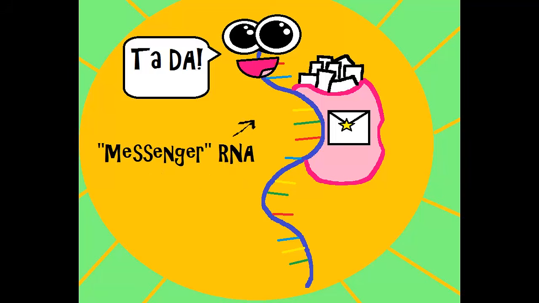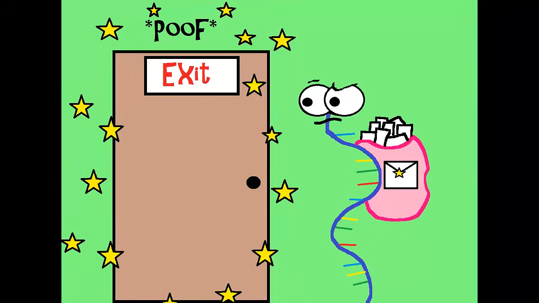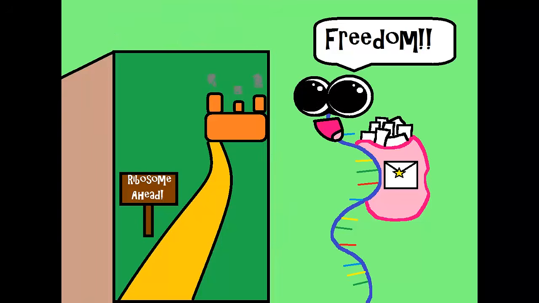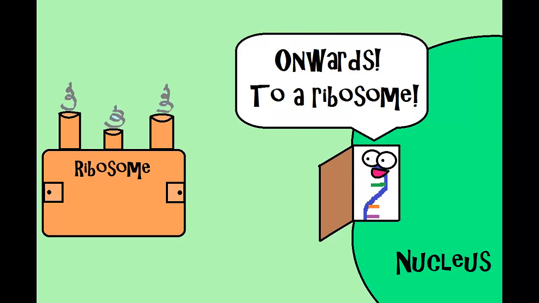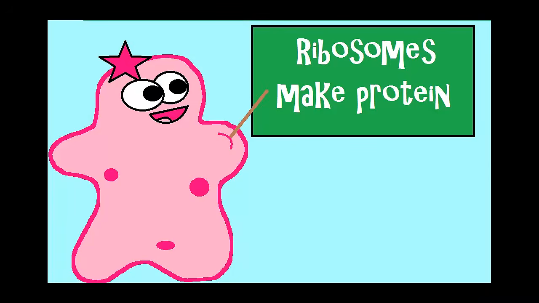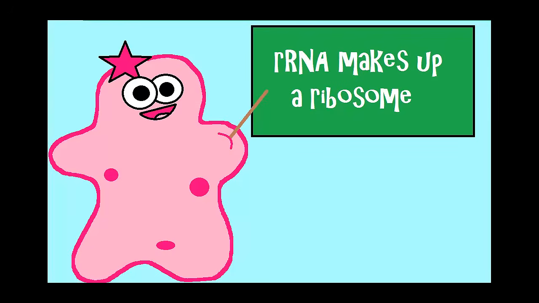Remember, that's messenger RNA. And one great thing about being an mRNA is you can get out of the nucleus. So the mRNA goes out of the nucleus where it's going to attach to a ribosome. Remember, ribosomes make protein. Also remember that the R for ribosomal RNA, that's what makes up a ribosome.